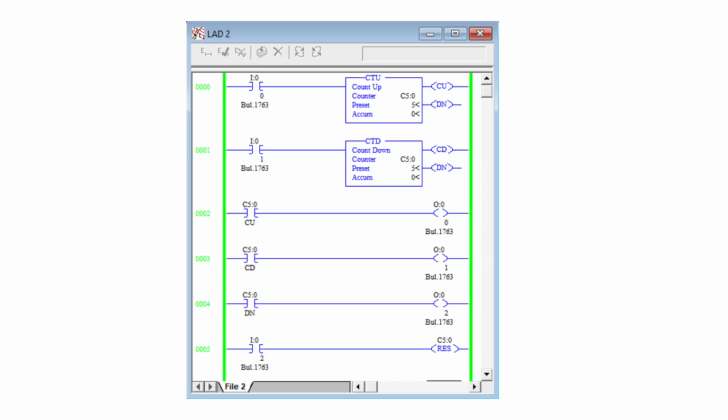So in this example my final output is represented by O:0/2, right? And in the last rung you can see my reset button is connected to another switch, whose address is I:0/2, right? And the reset button address you can see here is C5:0, right?